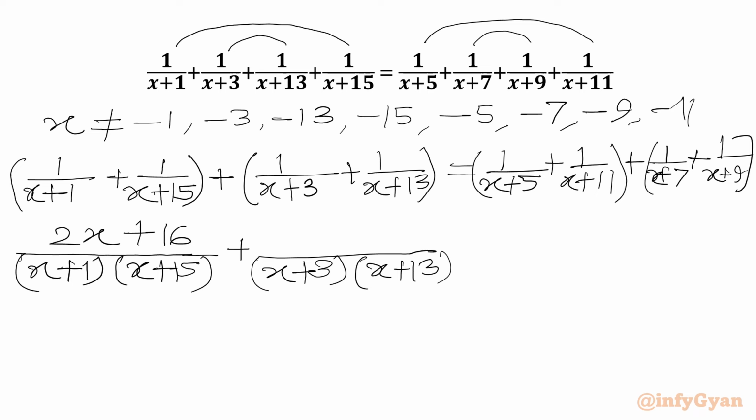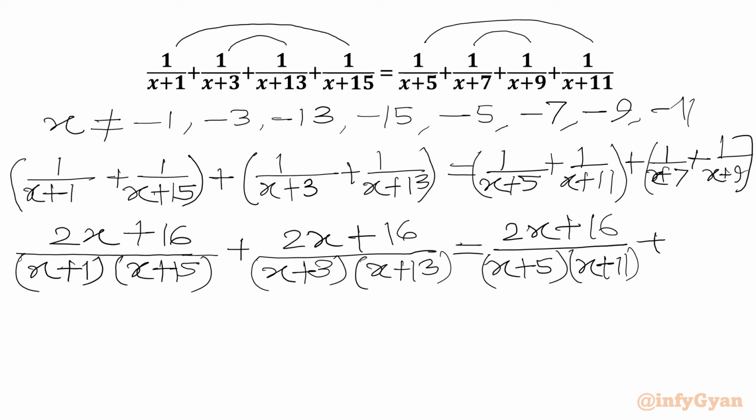In the numerator x plus 13 plus x plus 3, 2x plus 16. In RHS, we'll write the product of x plus 5 with x plus 11. In the numerator 2x plus 16. For the last term, if we multiply our denominators x plus 7 with x plus 9, in the numerator we will retain 2x plus 16.